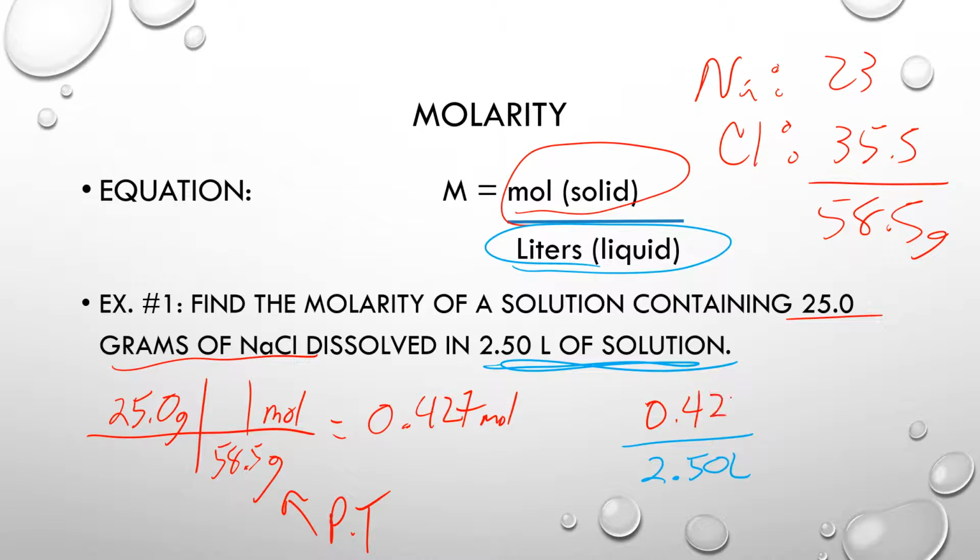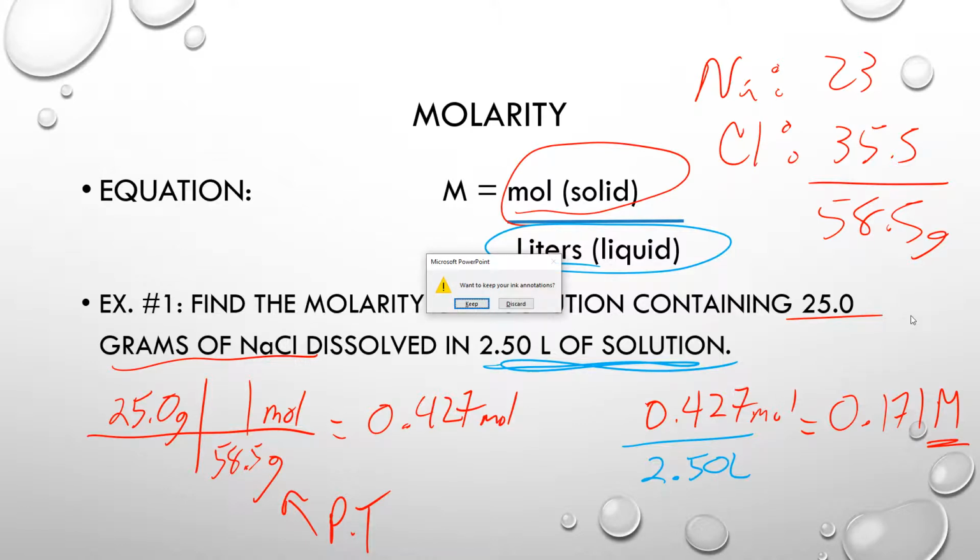And our denominator is how many liters of solution, which we have here in blue. And when we divide those, 0.427 divided by 2.5, it's 0.171. Wait, what? Yeah, 0.171. And that's a capital M for molar. That means moles per liter. And again, think about what moles per liter is.